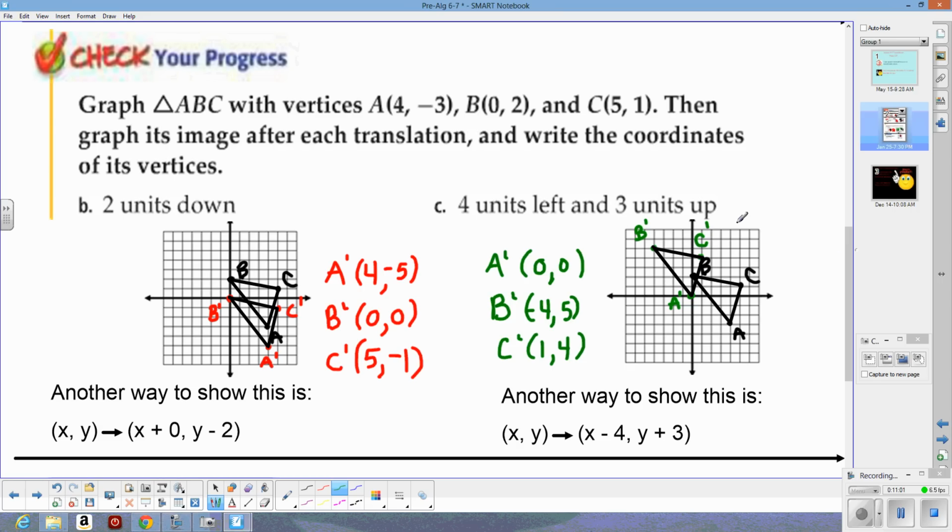You can get that from the graph, or you can look at it this way. If you're moving 4 to the left, that means we're subtracting 4 from each x value. And since it's going up 3, we're adding 3 to each y value of the ordered pair.